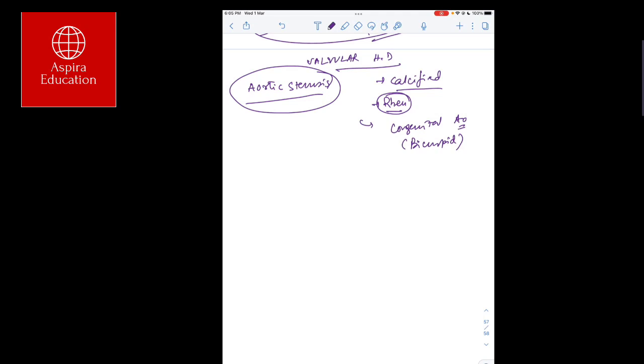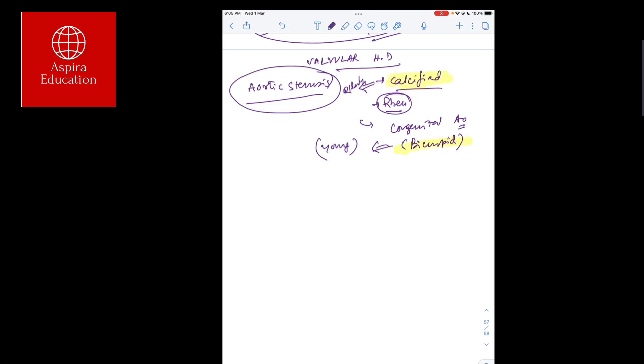This is emphasized so much because in the exam you will be given a scenario; look at the age of the patient. That's very important. This is the most common cause for the young, and that is the most common cause for the elderly. These two, always remember.